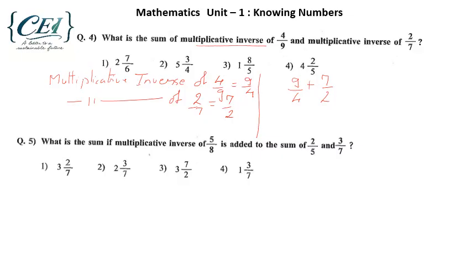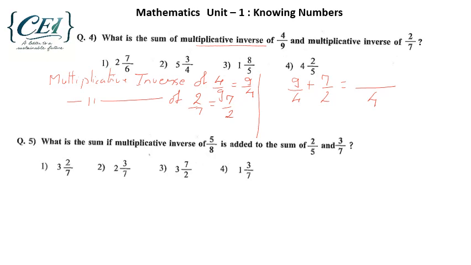So 9 upon 4 plus 7 upon 2. We need to make the denominator the same. What is the LCM of 4 and 2? The LCM is 4, correct? The denominator is 4.